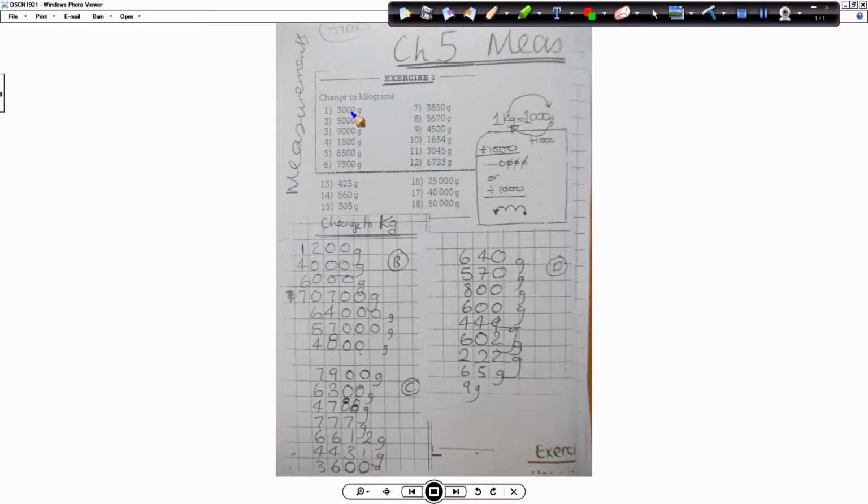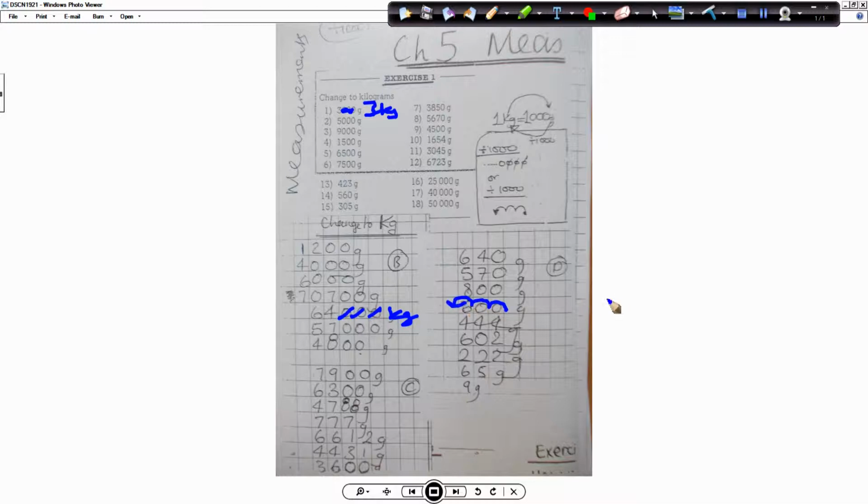So 3,000, knock off the 3 zeros, that gives you 3 kilograms. Okay. We have 64,000, knock off the 3 zeros, so that gives you 64 kilograms, and so on. If we have 600 grams, what do we do? 1, 2, 3.